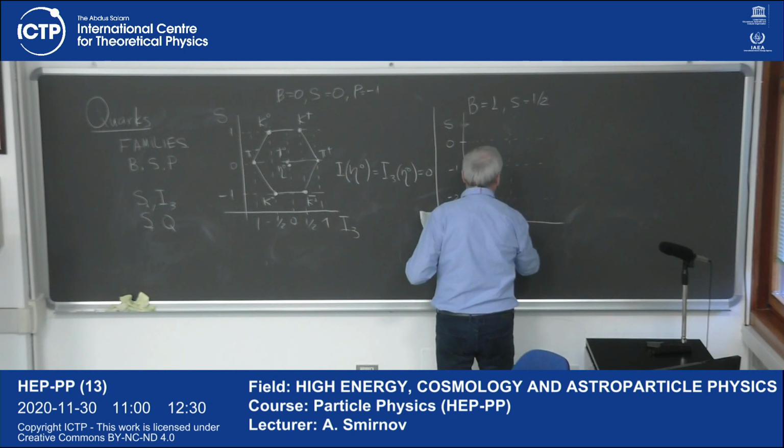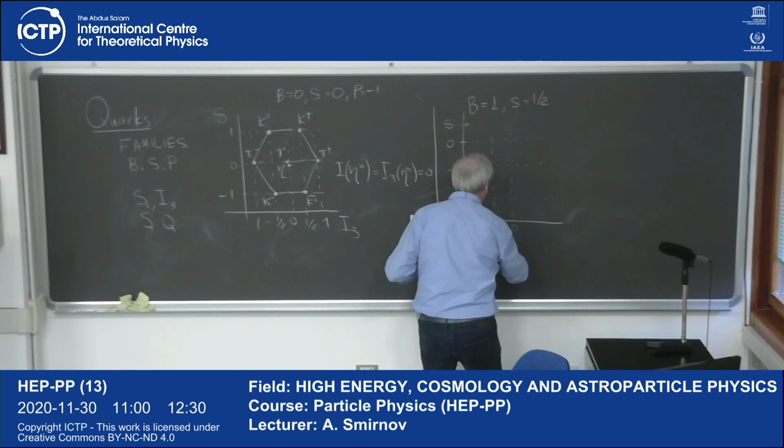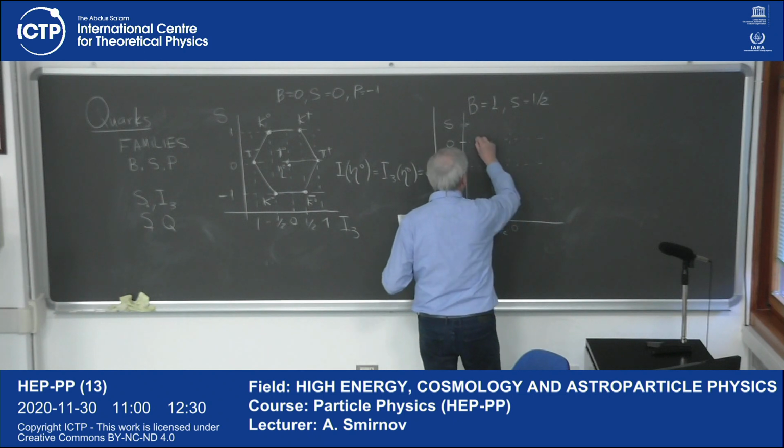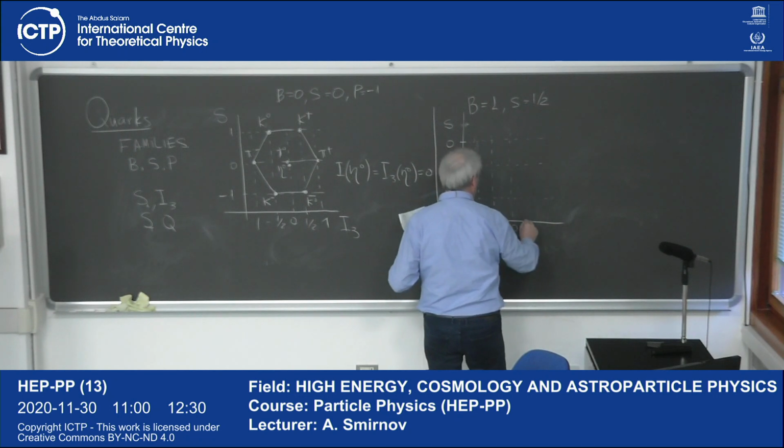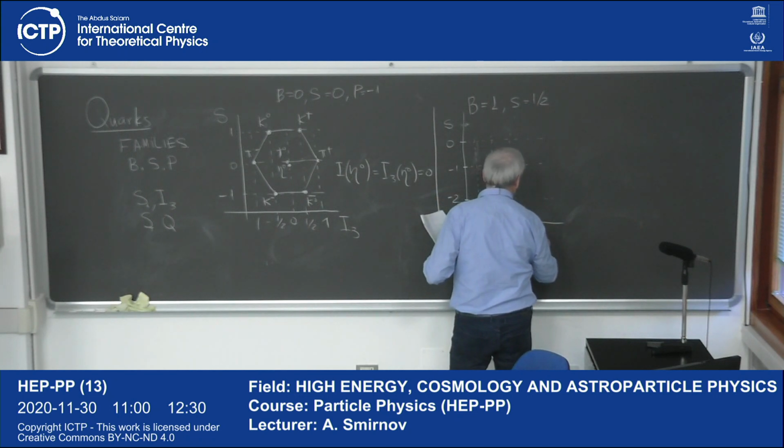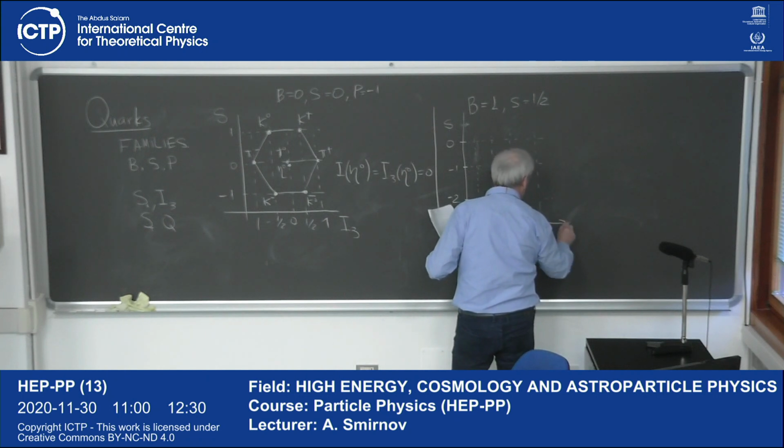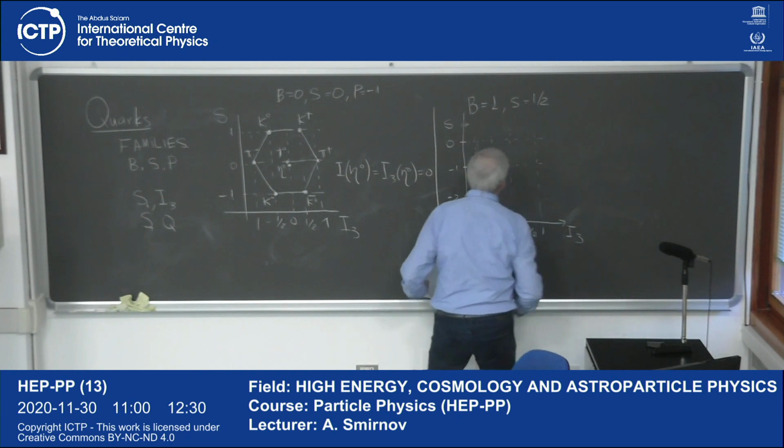So 0, minus 1/2, minus 1, 1/2, and 1. And this is the third projection of isospin.